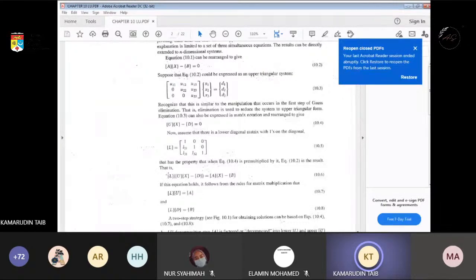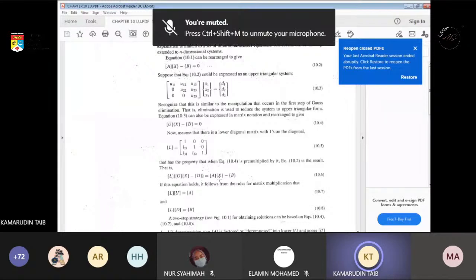So L times Ux minus D equals Ax minus B. All right.